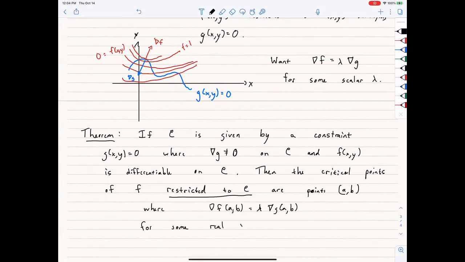And lambda can be 0. If lambda is 0, then f is critical at that point on the larger space too.